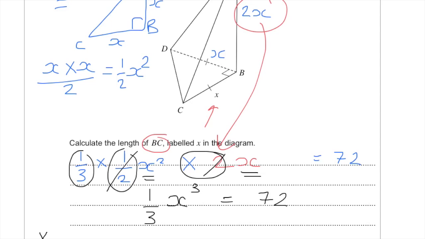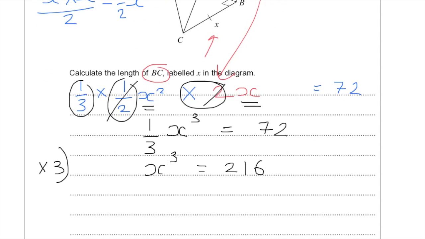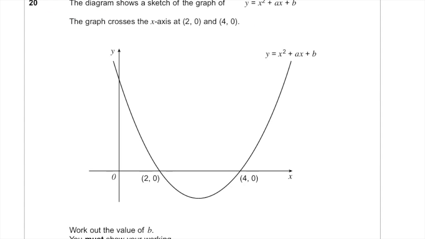Now we're going to multiply both sides of this by 3, giving us x cubed equals 216, and then to solve this we need to work out what the cube root of 216 is equal to, which of course is 6. So the answer is x is 6 centimetres.